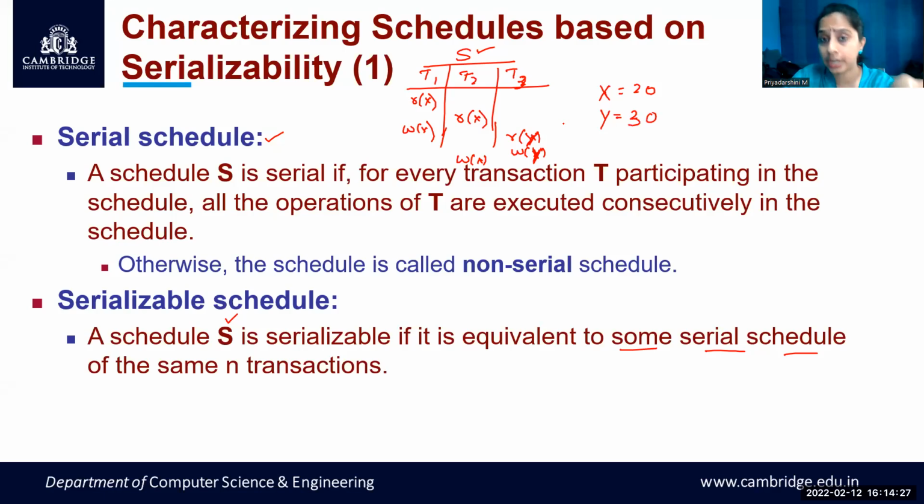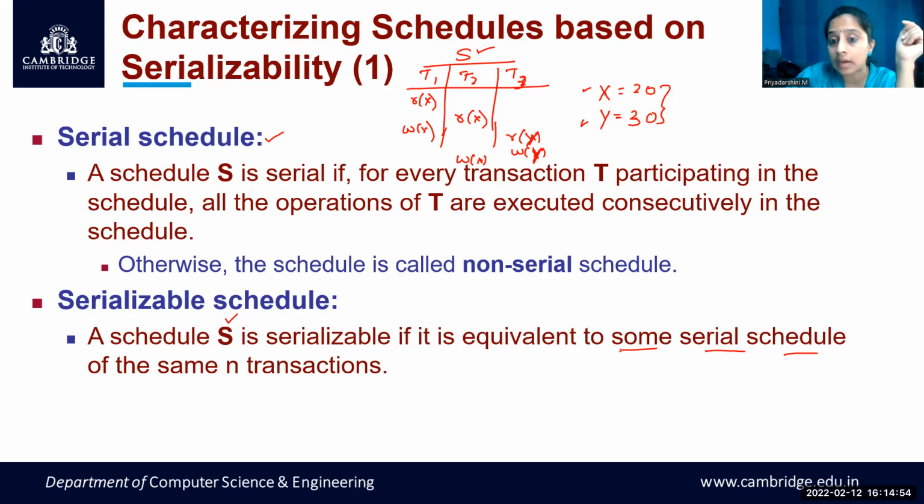Then this X and Y should be equivalent to any one of the serial orders. It can be any one. The value of X and Y remains the same when I execute the serial order of these transactions.